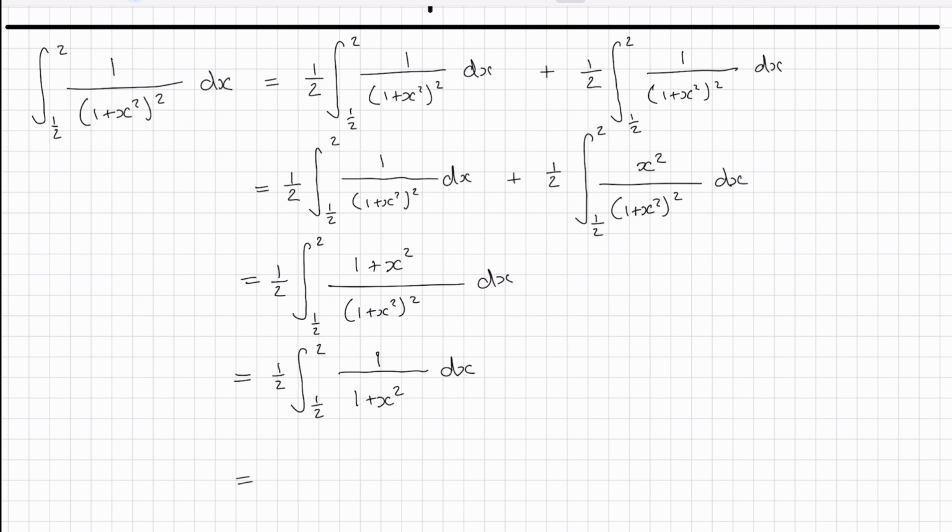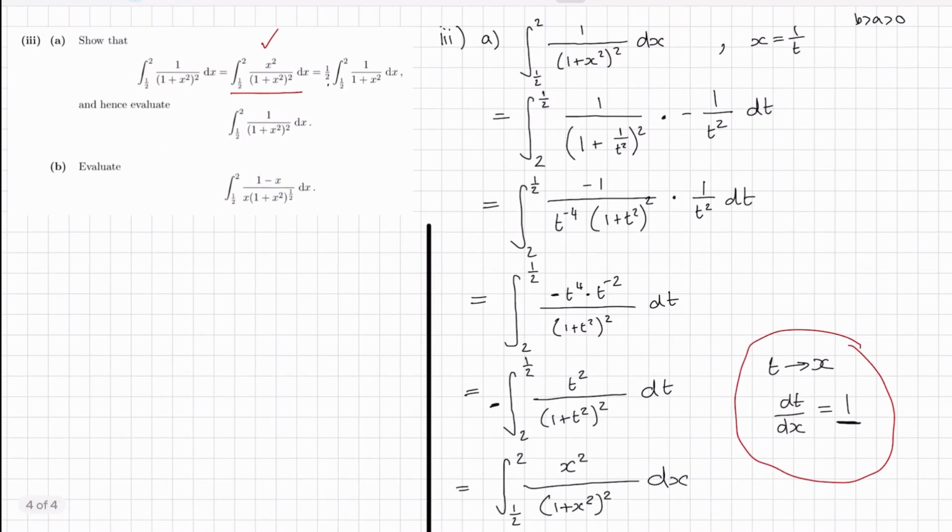Now, because we've shown these two parts, we've now got to evaluate this. We're evaluating our integral from the beginning. But we know that our integral from the beginning can be written as the integral at the end.